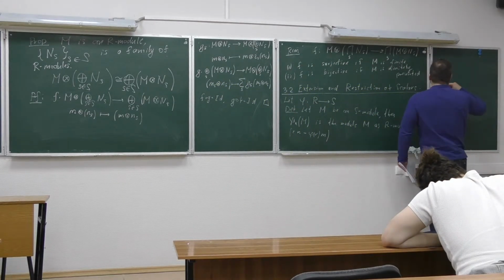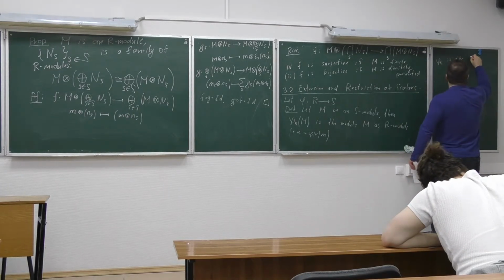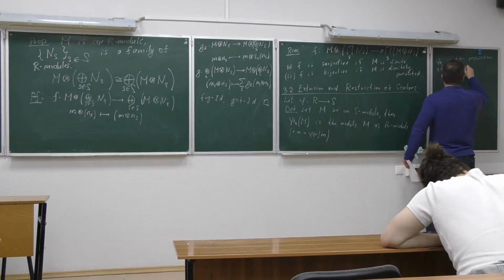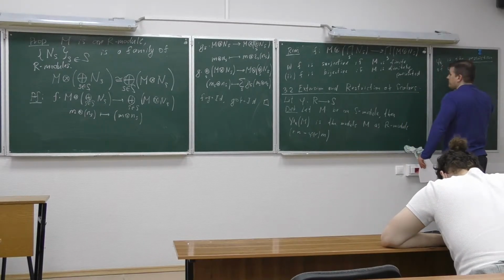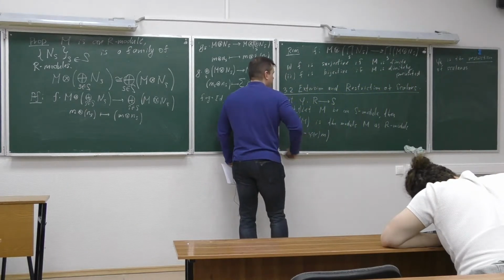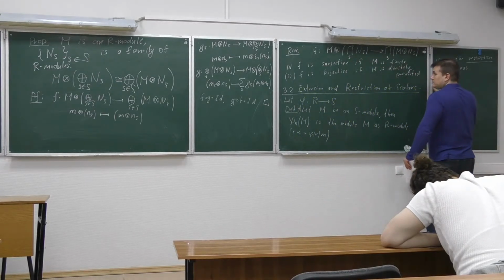So the operation phi lower star is the restriction of scalars. So this is the first part of the definition. Now I want to define the extension of scalars. Okay.